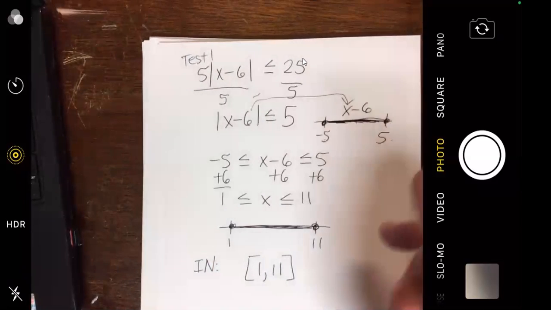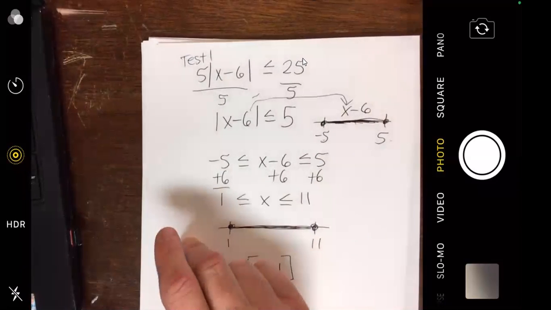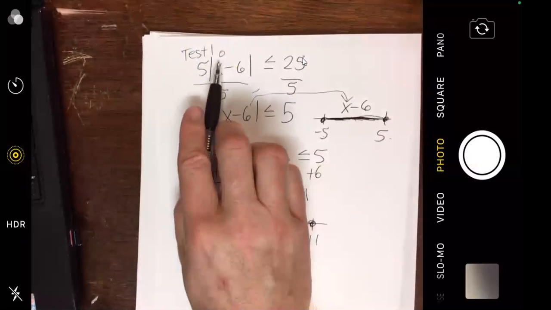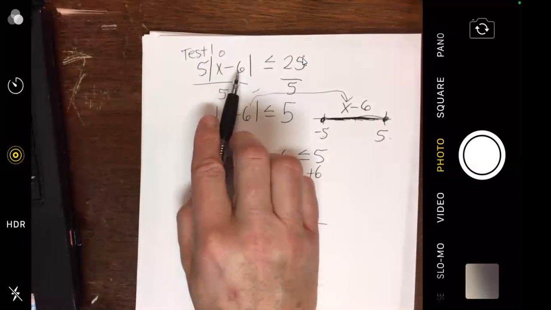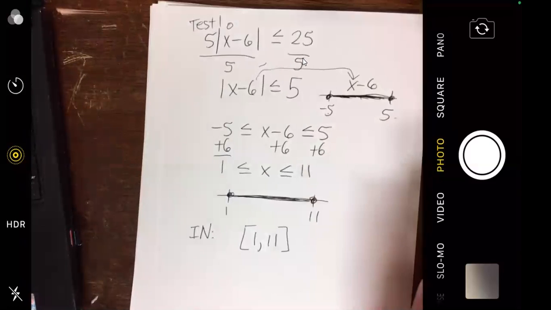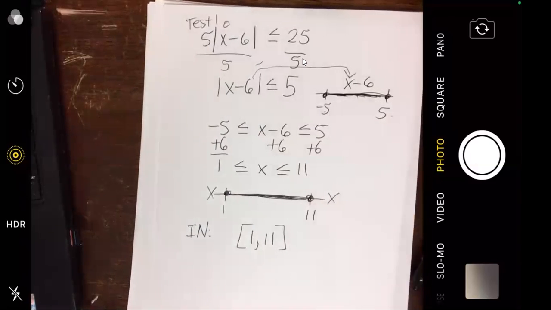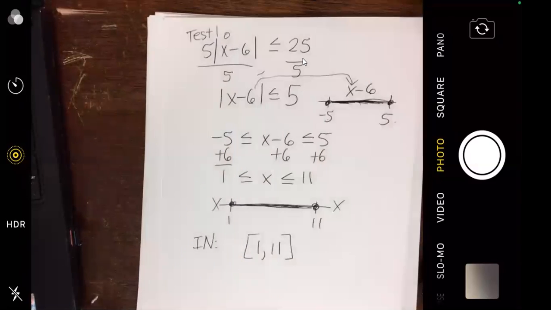But if I get outside 11 or less than 1, like even 0 wouldn't work, if you can see it. 0 minus 6, take an absolute value, you get 6 times the 5 is 30, not less than or equal to 25. Nothing over here, nothing over here. Okay. That makes sense.